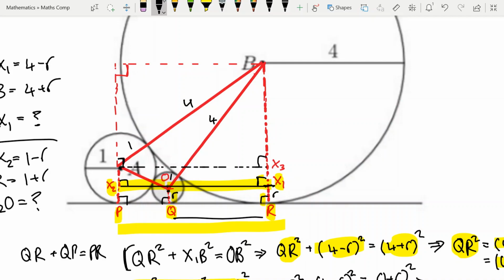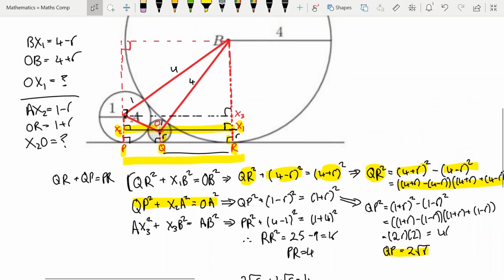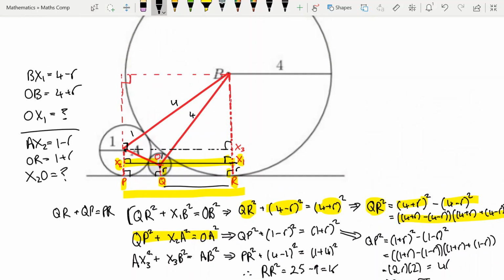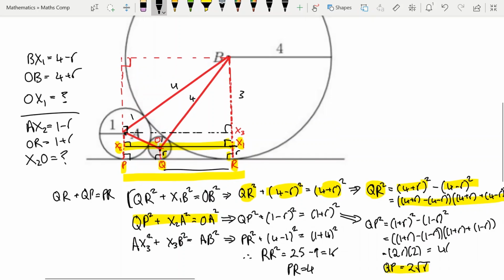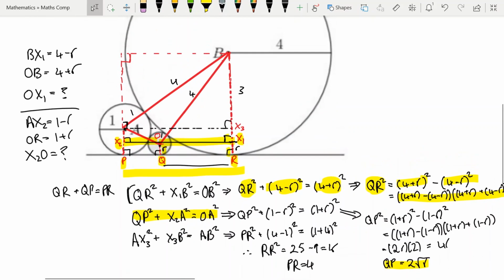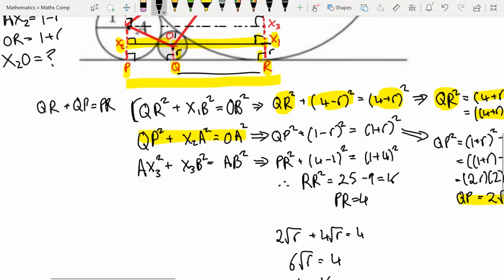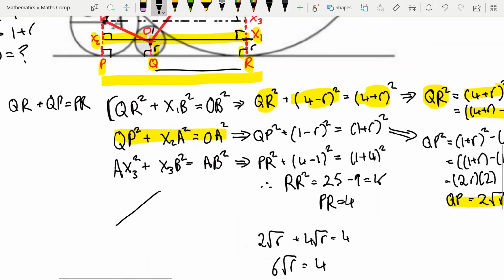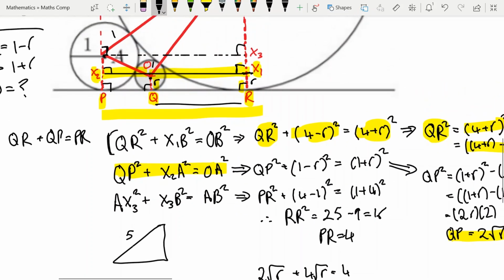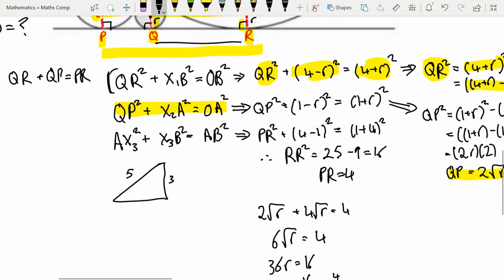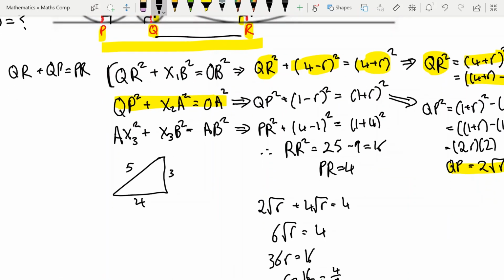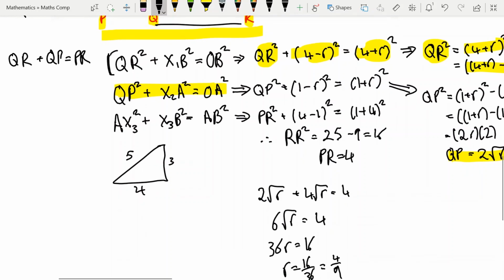The height is going to be 4 minus 1, which is 3, because that's the radius difference. You'll see this triangle has sides 5, 3, and obviously it's a 3, 4, 5 right triangle, so PR, the base, will be 4.